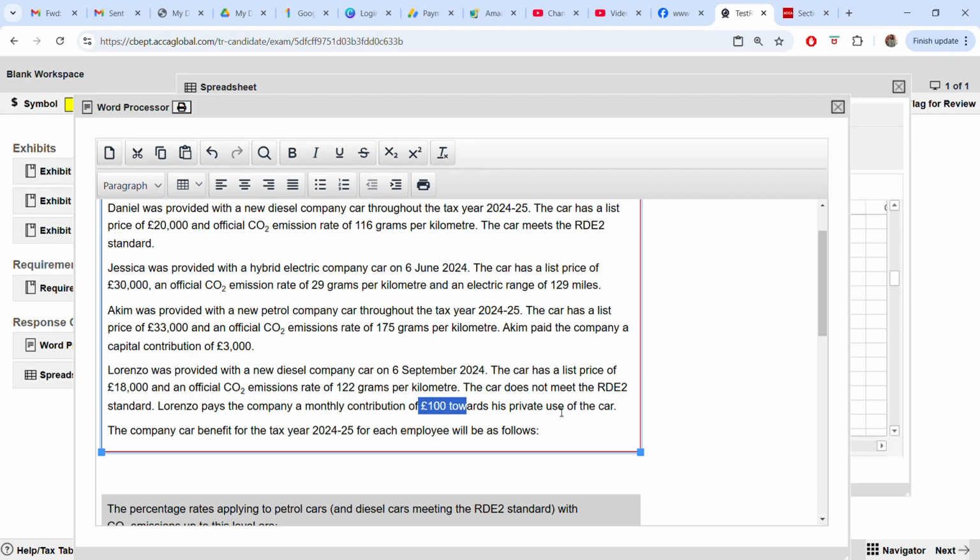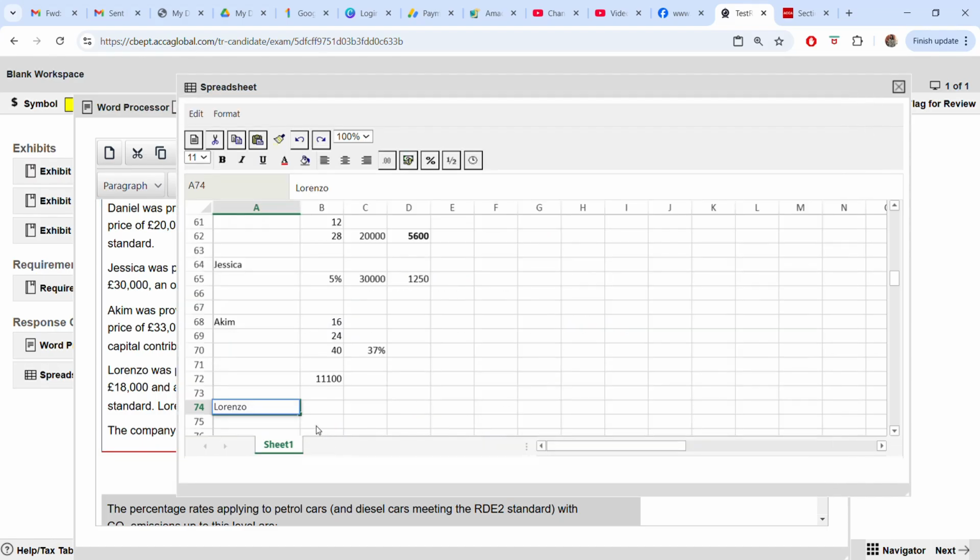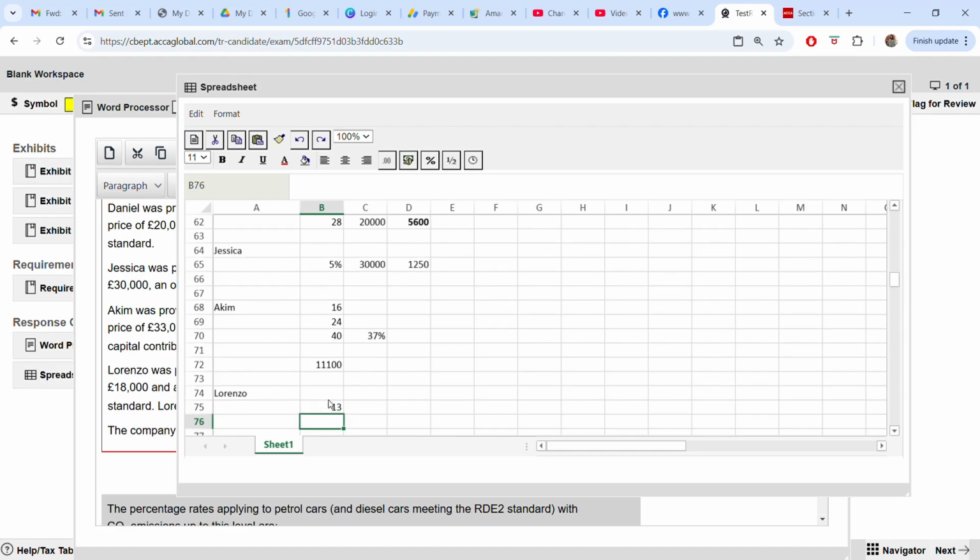So remember, the contribution that Lorenzo is making will be deducted from the taxable benefit. Now let us find the percentage. This is 122, you round down. It's 120 minus 55 divided by 5, 13.